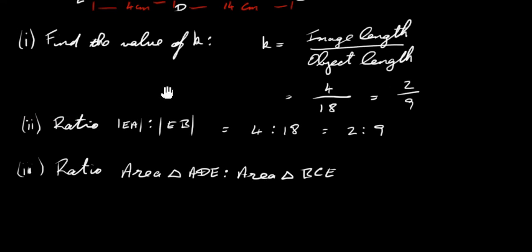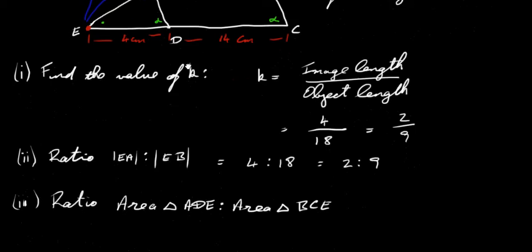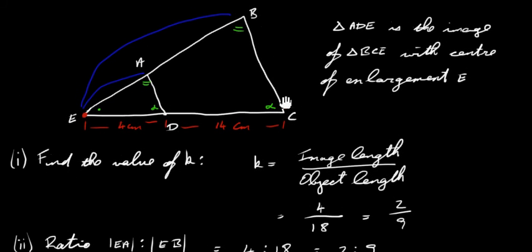ADE is the small triangle, so that would be our image area, to BCE, which is our object area.